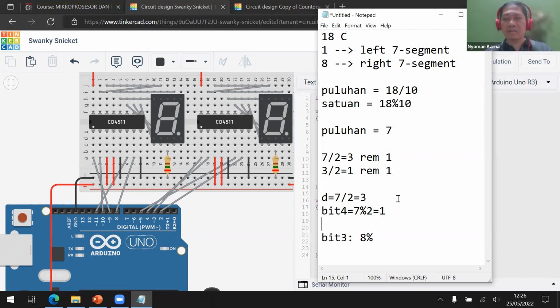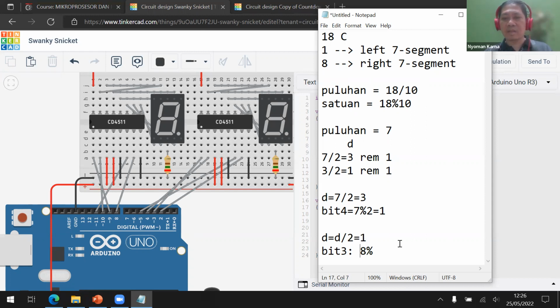Okay, now D is D divided by 2, because this one is D. So D will be divided by 2 to get 1.